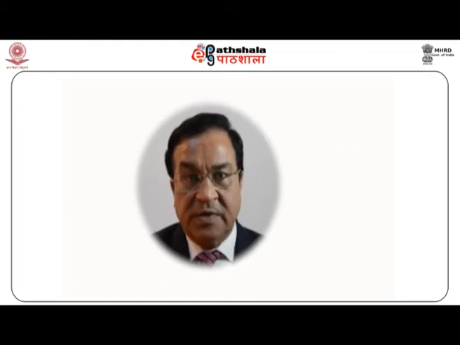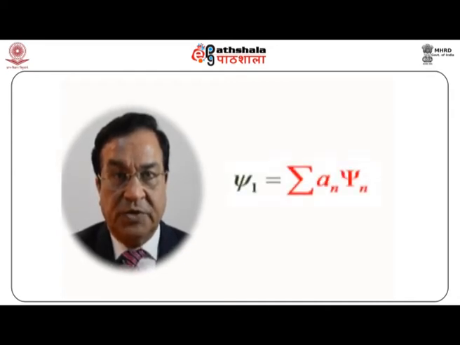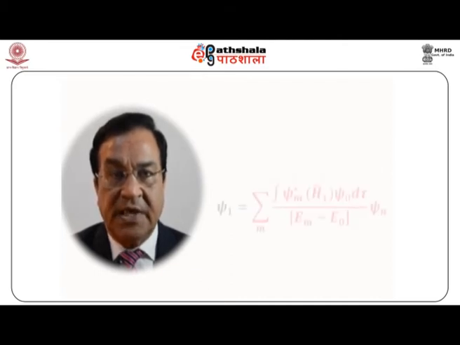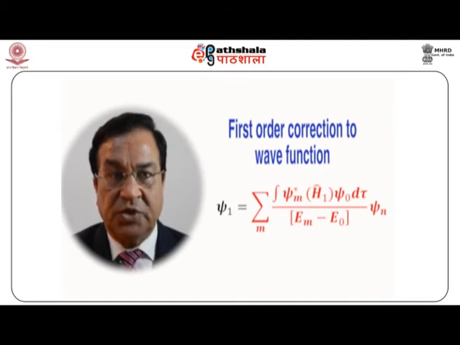Now using these values of the coefficients, one can very easily find the first order correction to the wave function. The first order correction to the wave function can be obtained from equation 26 by substituting it into equation 14, and then we get psi 1 equals summation over m, in the numerator the integral of psi m star H1 cap psi 0 d tau times psi n, and in the denominator E0 minus Em.